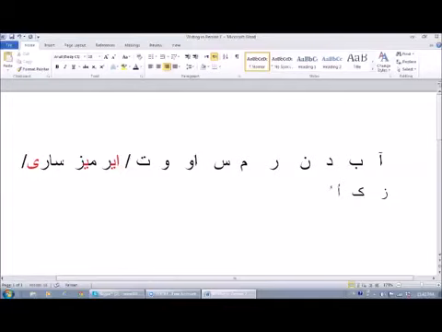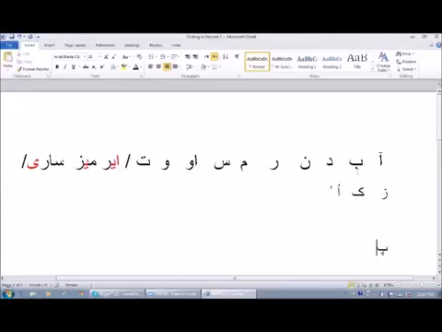Now let's go to lesson 7, and here we become familiar with another letter, P. Now compare it with the b. As far as the forms are concerned, they are the same, except that this one has 1 dot under it, this one has 3 dots under it, and that makes a difference between b and p.